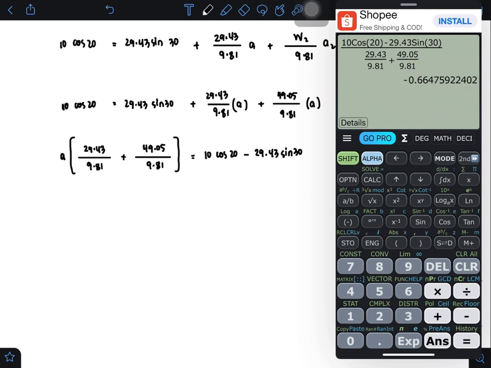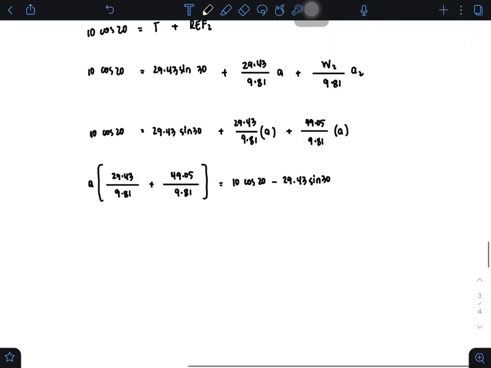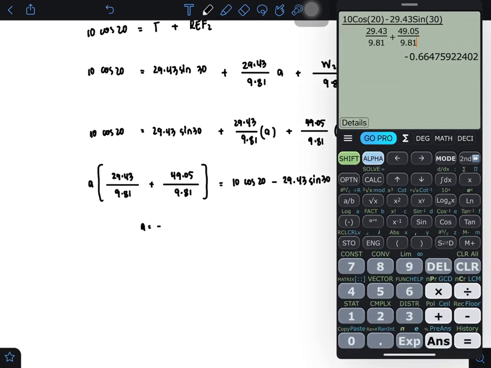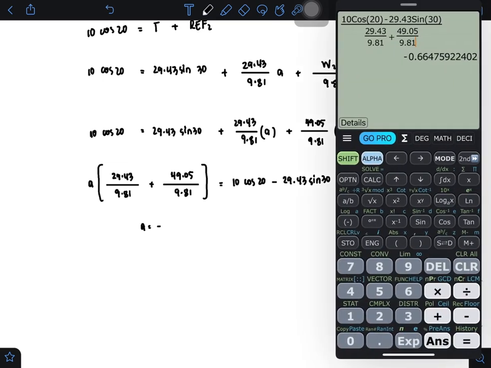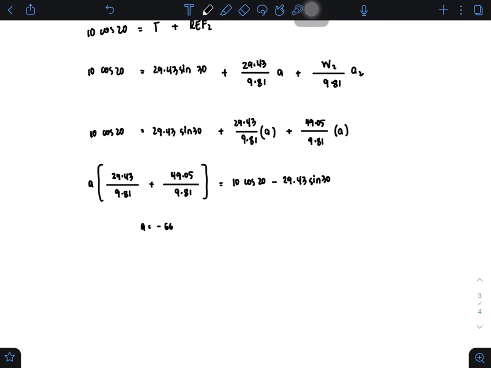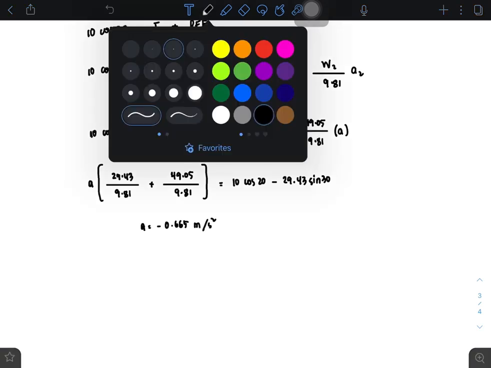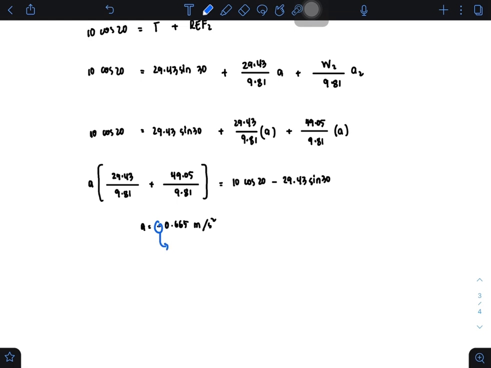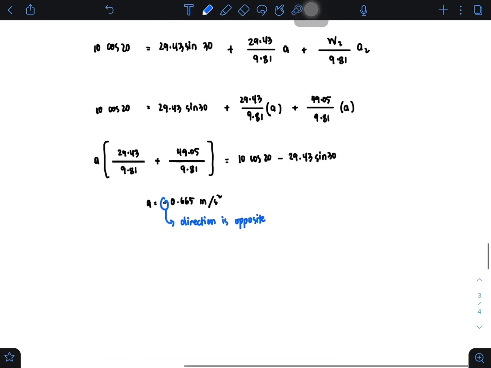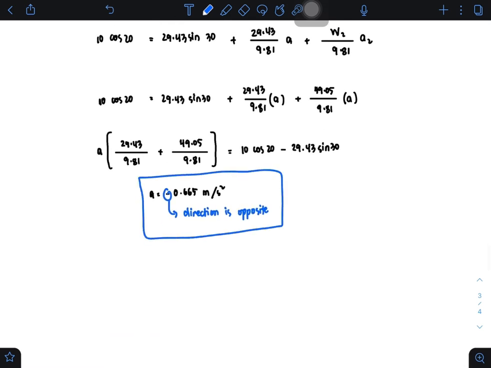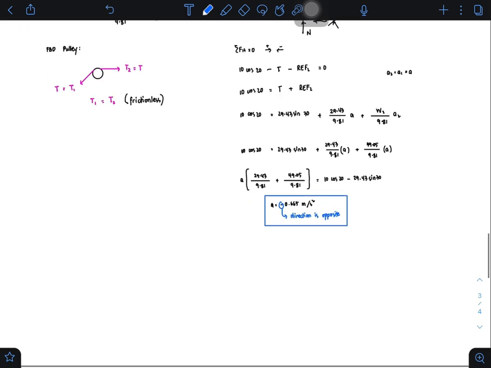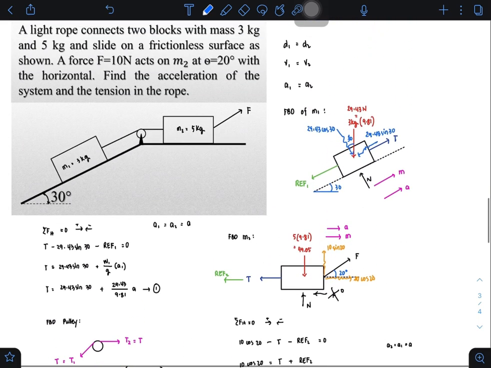Therefore, the answer is acceleration equal to negative 0.665 meters per second squared. The negative sign here indicates that the direction is opposite, and therefore it is a deceleration. So you have 0.665 as the answer.